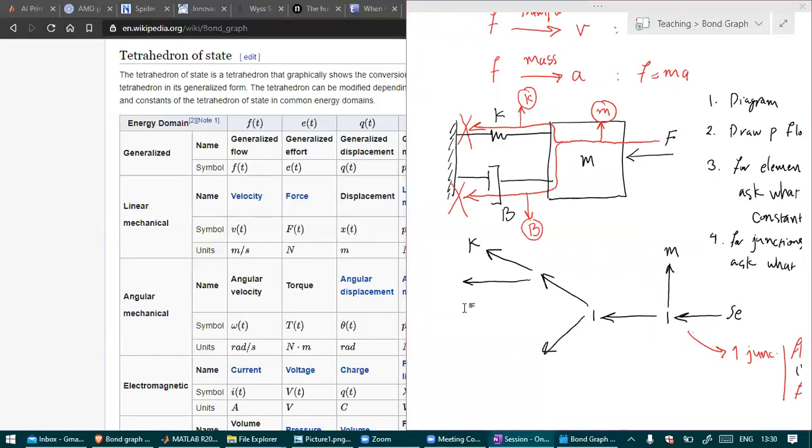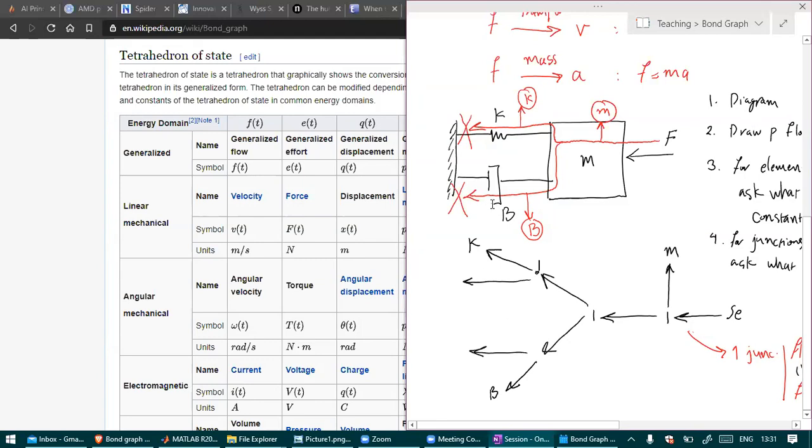Also here, part of the energy is flowing through the damper, part of the energy passes through. So for the spring, what remains constant across the spring? What is similar on both ends of the spring? Is it the velocity or is it the force? Force. This is the force, exactly. So we set a 0 here.